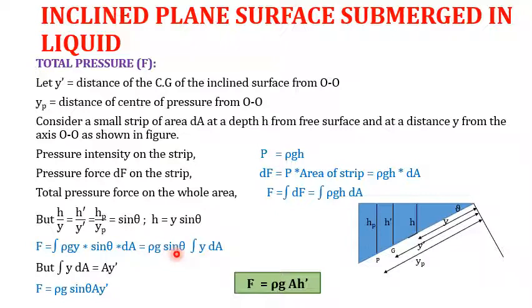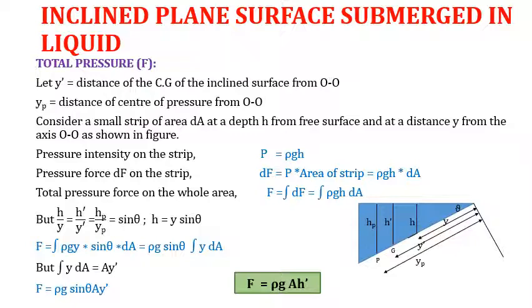Taking rho g sine theta outside, we'll get integral y dA. This basically indicates the first moment of area, and this will be equal to the total area into y dash, where y dash is the distance of the center of gravity from the OO axis.